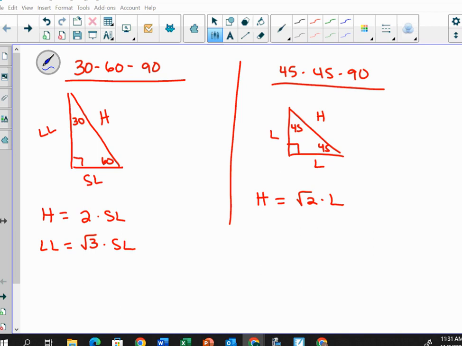You're going to use this on your warm-up, guys, so I just want to make sure you've got your formulas jotted down. Is this familiar to you somewhere in your brain from geometry?